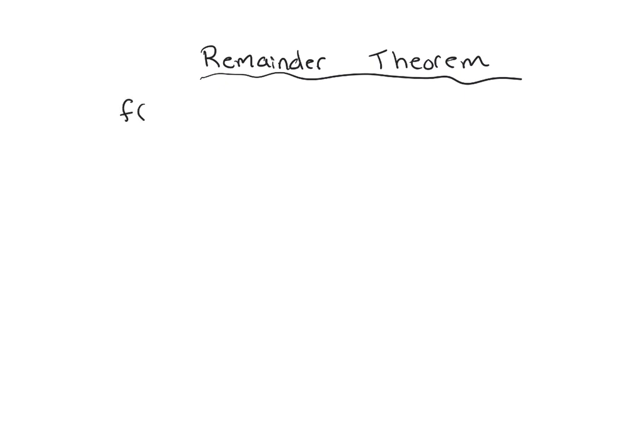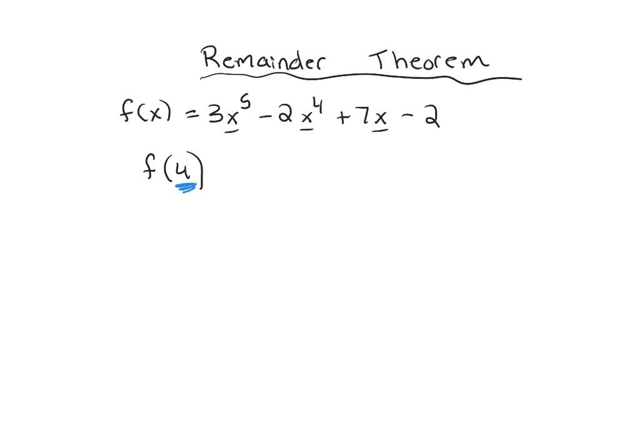So here I have a polynomial, 3x to the 5th minus 2x to the 4th plus 7x minus 2, and I want to find f of 4. So instead of plugging in 4, another method is we can do synthetic division using 4, and the remainder is the answer. So let's try it.